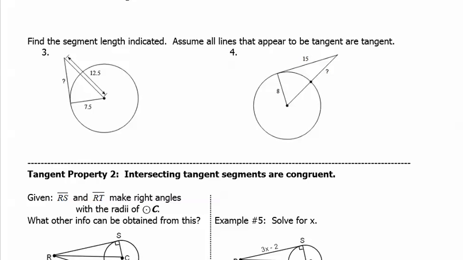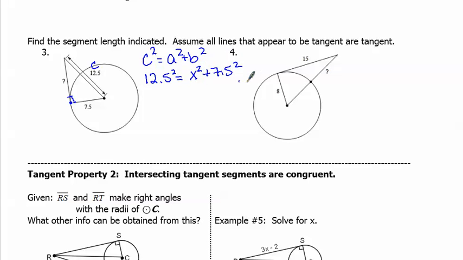It's asking me to find different segment lengths. Well, once again, I know I have a right angle here because that's my point of tangency, and a right triangle makes this, across from the right angle, my c, or my hypotenuse. So I'm just going to use the Pythagorean theorem to find a missing side. So c squared is 12.5 in this case, and instead of the question mark, I'll put an x.